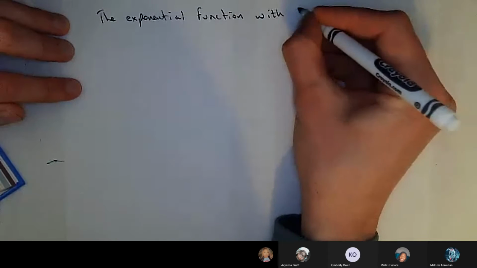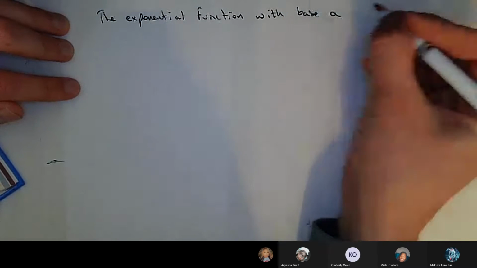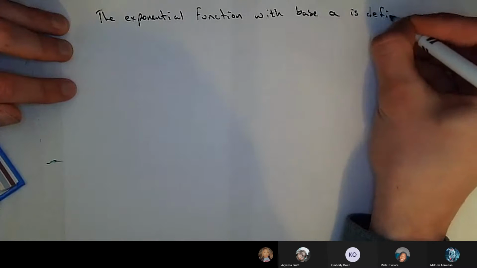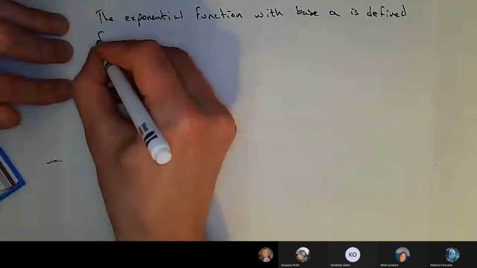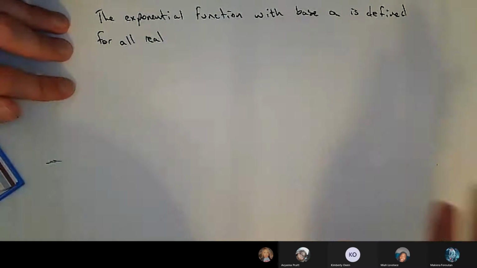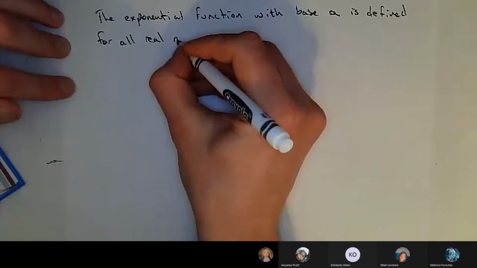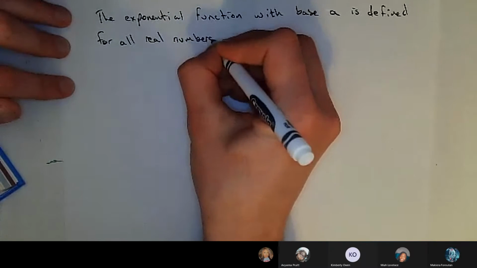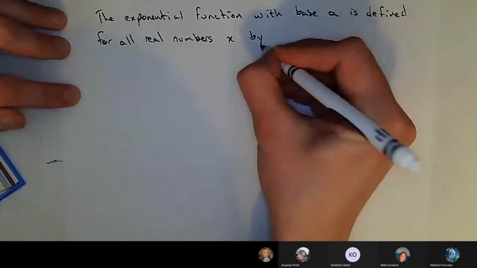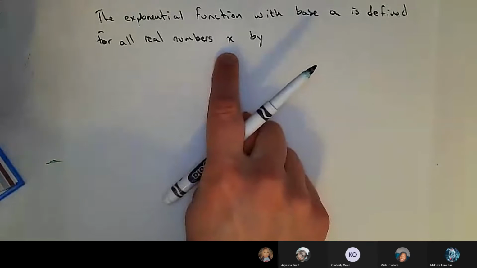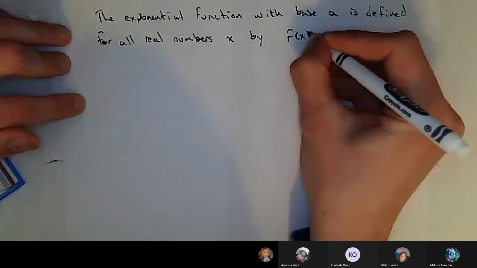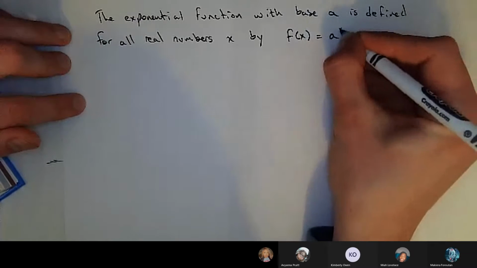We say with base a, here's its domain. We say it's defined for all real numbers. That means its domain is all real numbers, denoted by x, that domain variable being x as it usually is. And we say f of x is equal to a to the x.